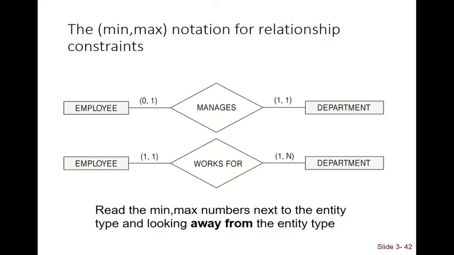In our case, an employee and a department, I have the min and the max associated with those. A department is going to be managed by one employee, and the employee is going to be managing 0 or 1 departments.